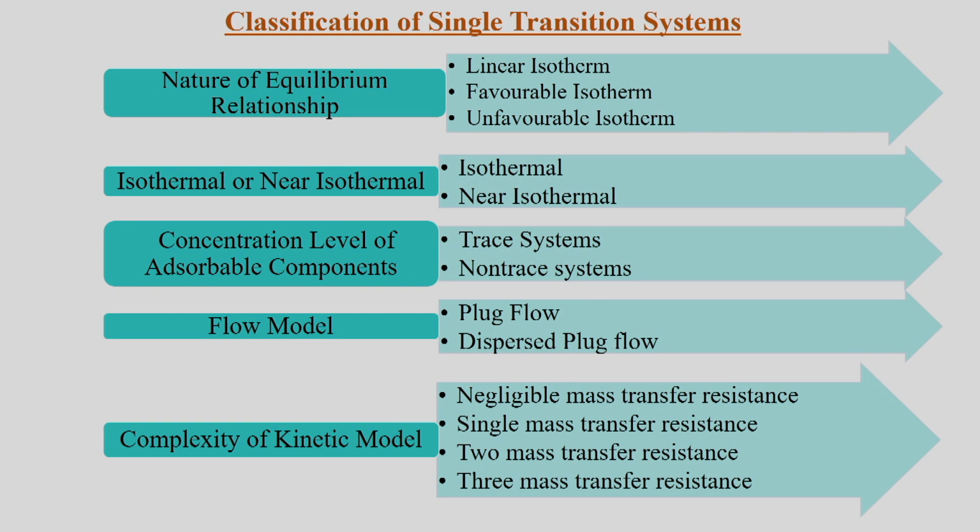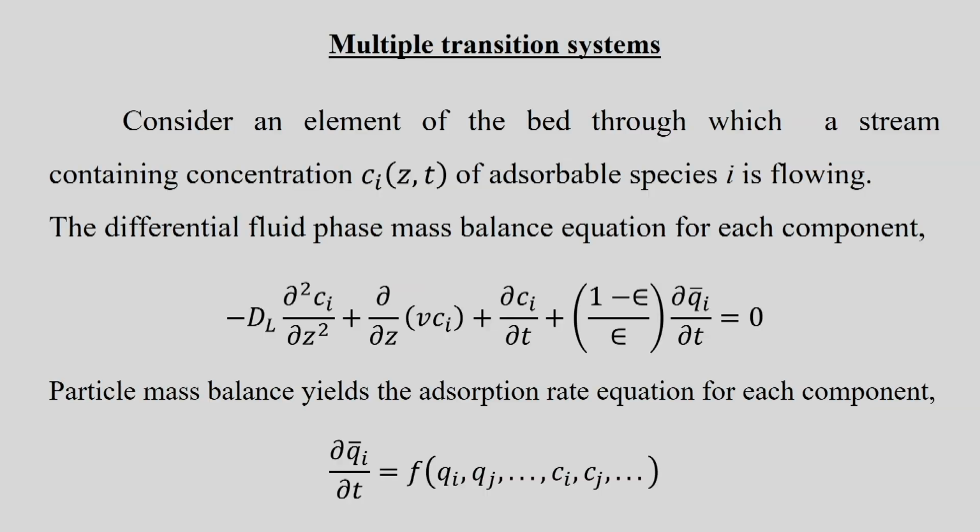And the classification of the single transition system is based on the nature of the equilibrium relationship, then isothermal or near isothermal, then the concentration level of the adsorbable components, then flow models, then the complexity of the kinetic model, which we discussed in detail.